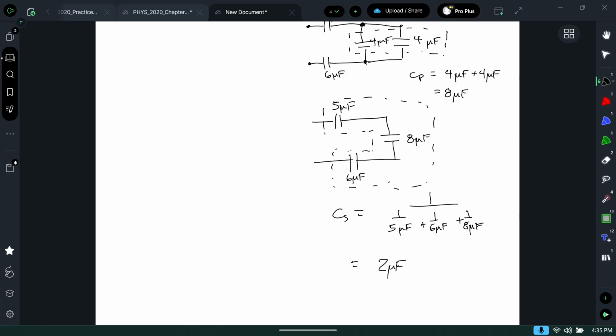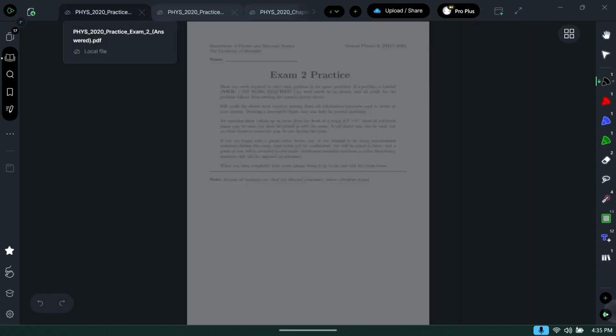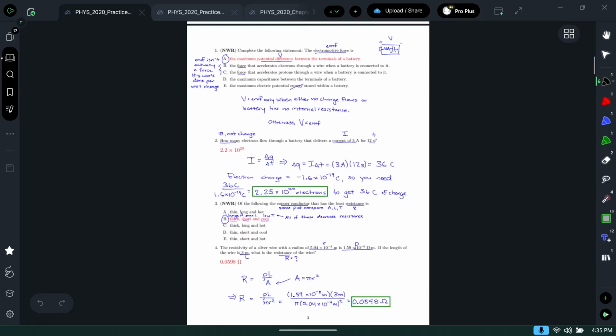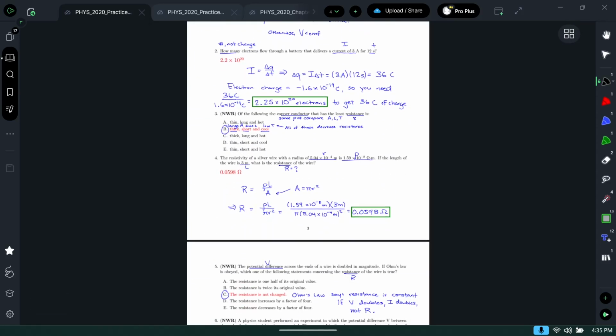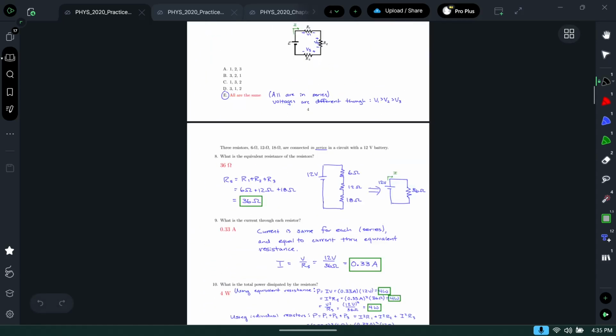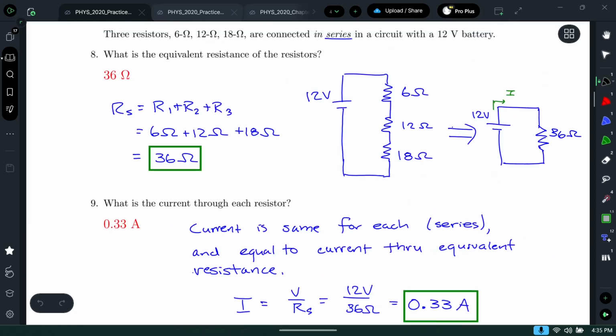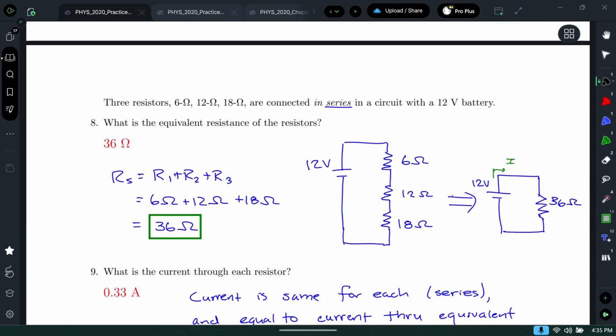I will jump over to some questions from the practice exam. These will go a little quicker because I can have the solutions in front of me and just explain in more detail. So the first question I got was about question 10. The question was, what is the total power dissipated by these 3 resistors in series?